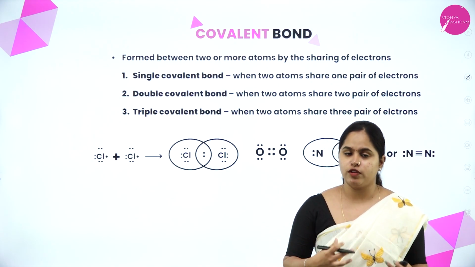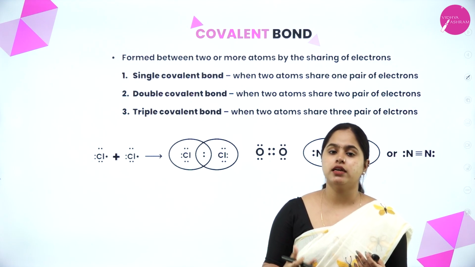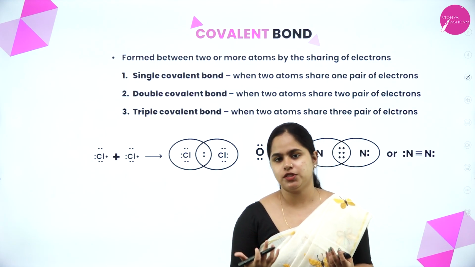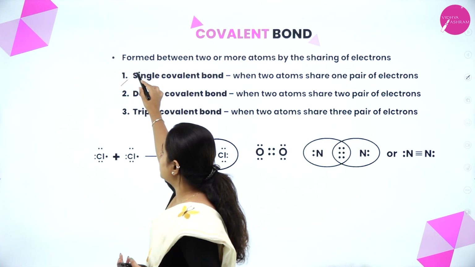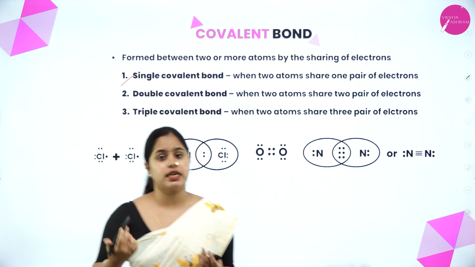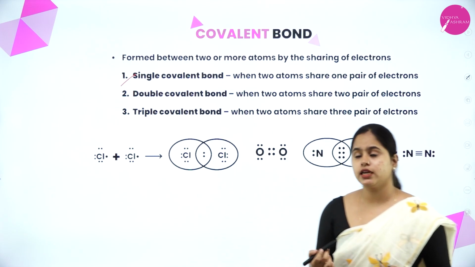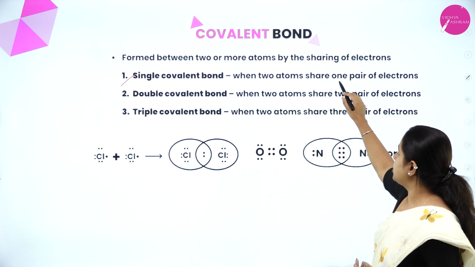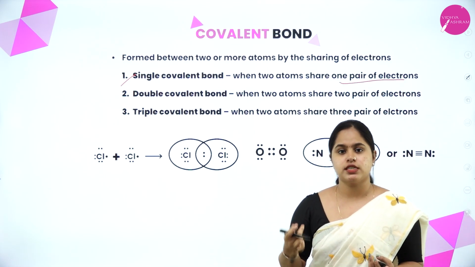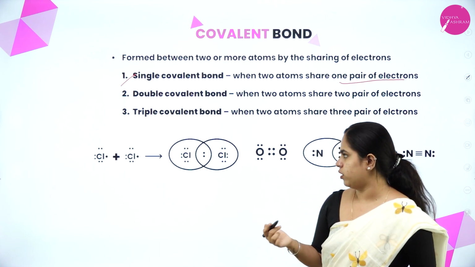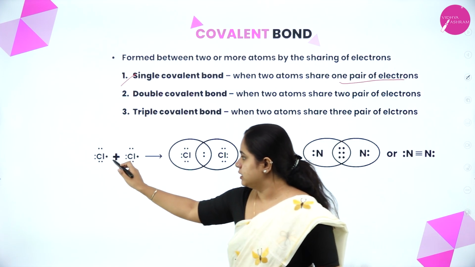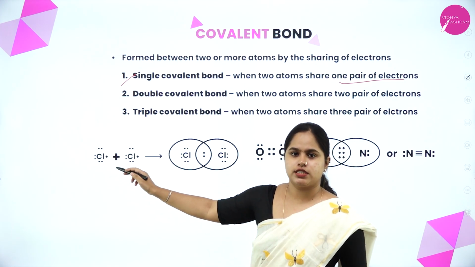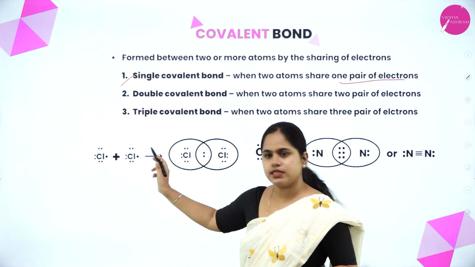We know that covalent bonds are formed by the sharing of electrons between two atoms, right? The first one is the single covalent bond. What is a single covalent bond? When two atoms share one pair of electrons, they form a single covalent bond. In the example we just discussed, this chlorine has 7 electrons in its valence shell and this one also has 7 electrons.